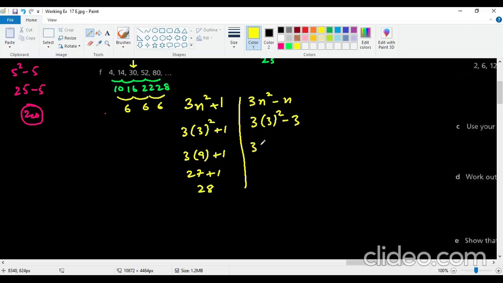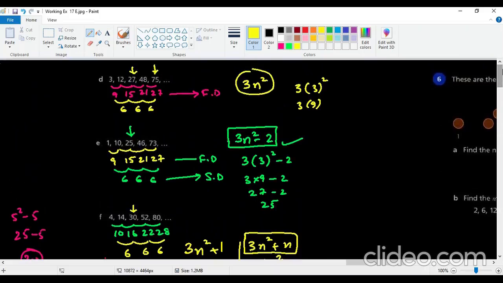Now in here this means 27 minus 3, actually should be a plus n. So 27 plus 3 is going to give us a 30. So this term rule is working fine, and this is going to be the term rule for this sequence.